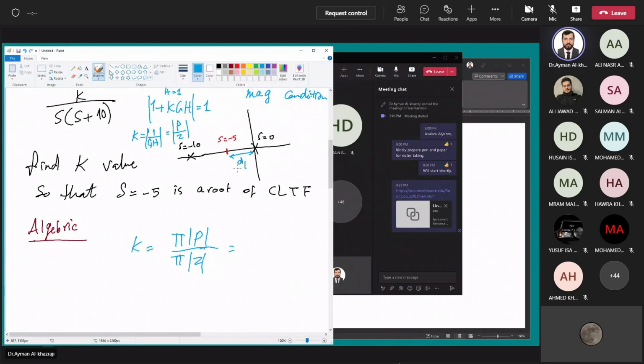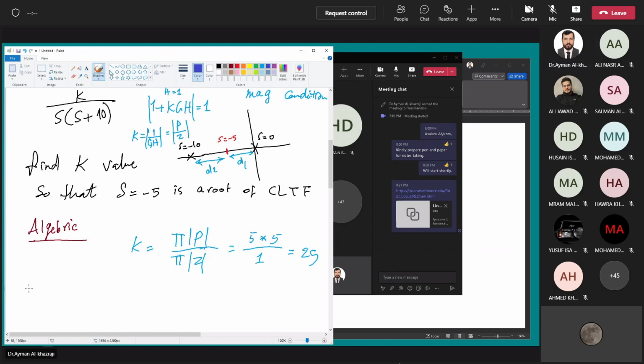This is distance 1, and this is distance 2. So it's equal to, this distance is 5. Distance is positive always. And this distance is 5. The distance of zero is 1. There is no other. So what is the value of k? 25. If you put k as 25, you will get the breakaway point. This is algebraic. Do you have a question on this?